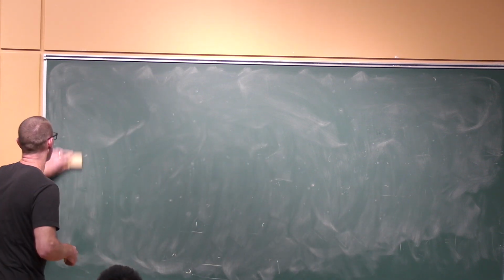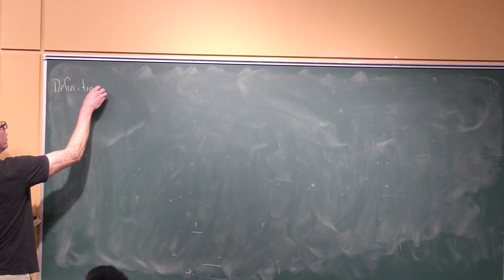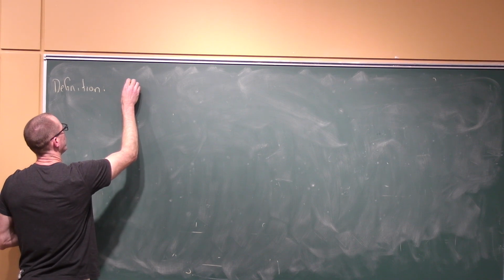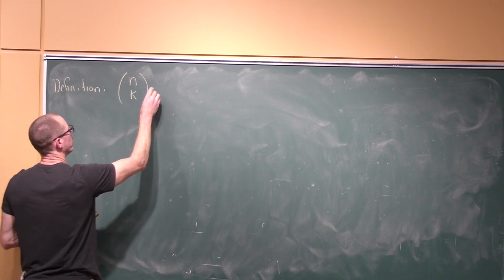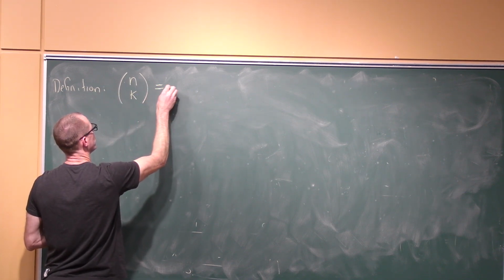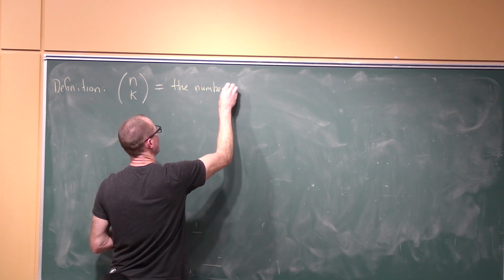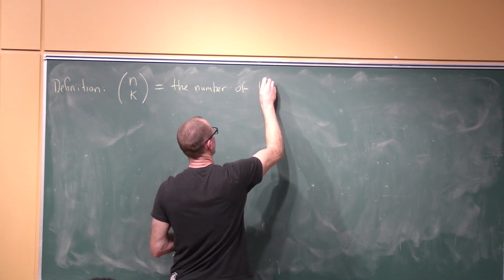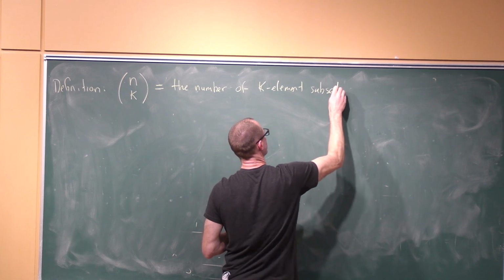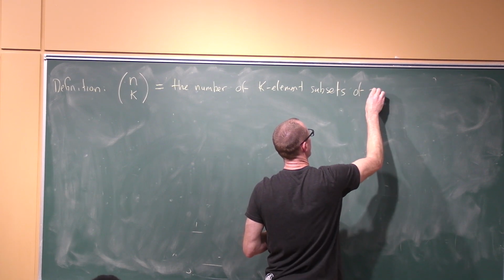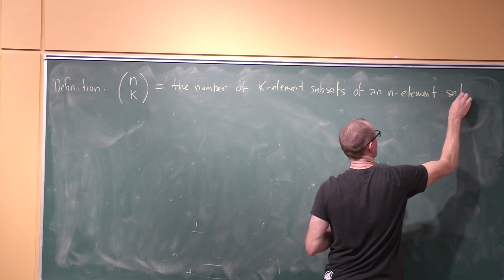Let's start with a definition. I'll say n choose k is equal to the number of k-element subsets of an n-element set.